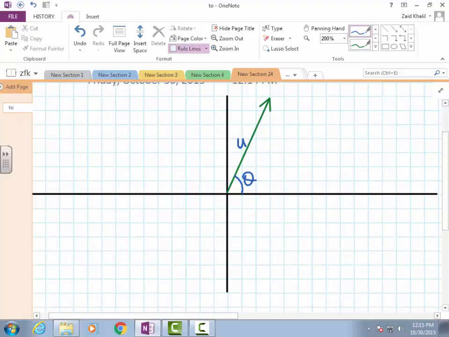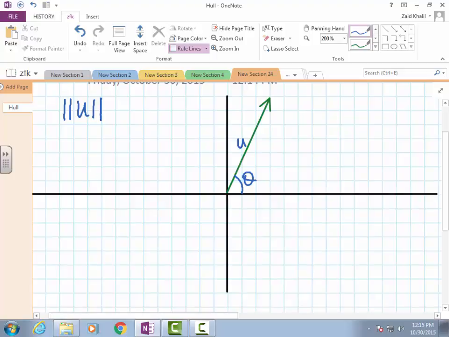How can I actually get the components from that? Anyone? So in other words, I have what the magnitude of u is, and we have what theta is. What can you do? Yes?